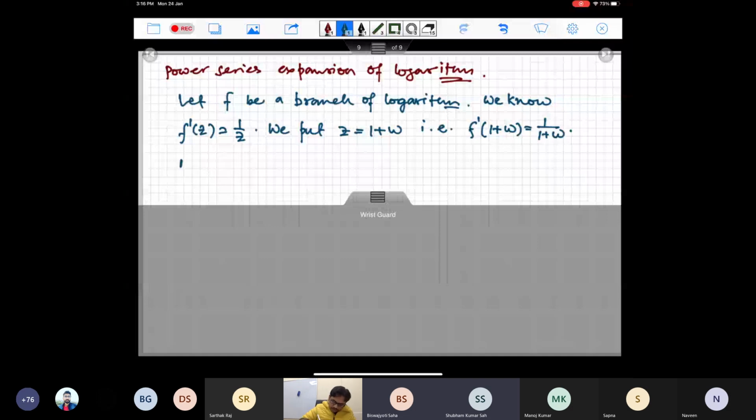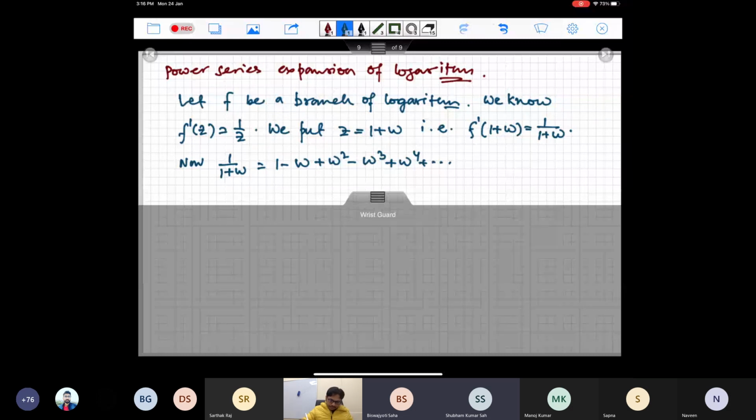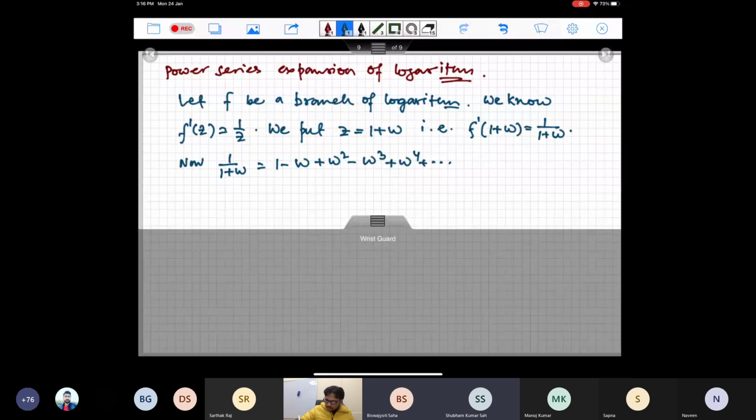Okay, so now we know, 1 over 1 plus omega, I can write it as 1 minus omega plus omega square minus omega cube plus omega power 4, and so on and so forth. And this is going to converge for mod w less than 1.